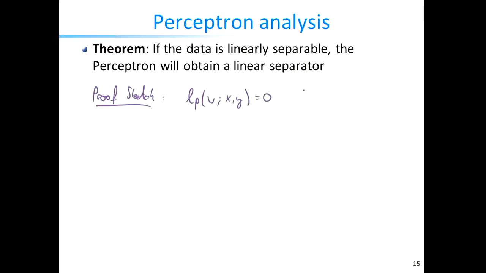This is 0 if and only if y is equal to sign of w transpose x, so there's no mistake.